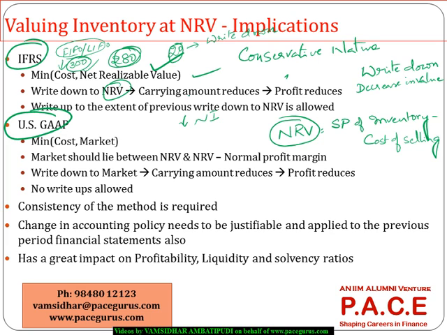Now what IFRS says is, if in the next year you find that the cost is 250, whereas the net realizable value goes to 270, what this is saying is, because you have written down $20 in the previous year, you can write up the inventory to the extent of $20 in the next period.